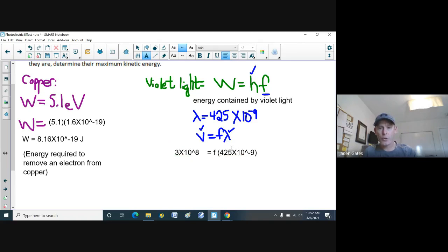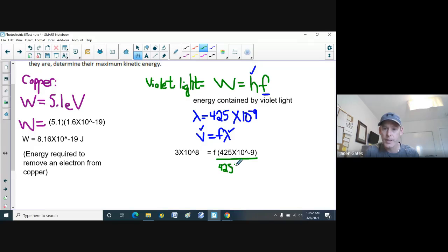All right, and then what I'm going to do here is just divide. So I'm going to divide both sides here with this 425 times 10 to the -9. All right, do that on both sides.